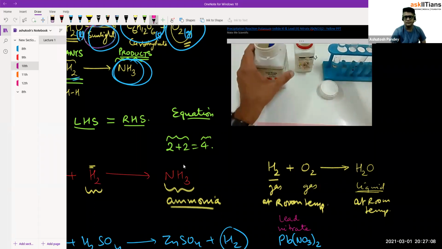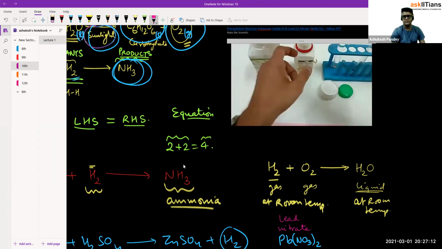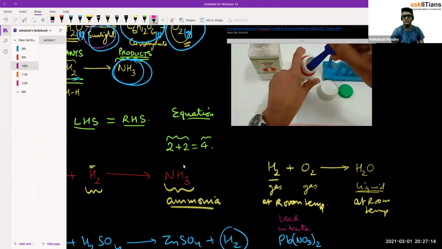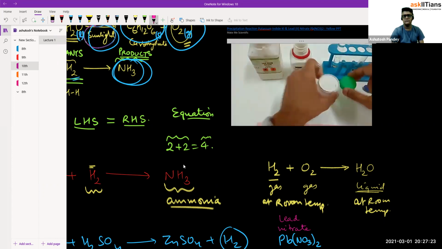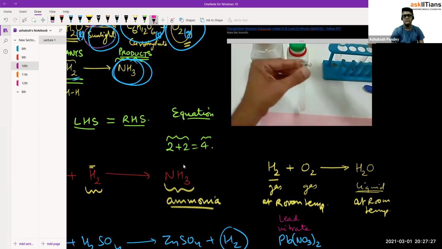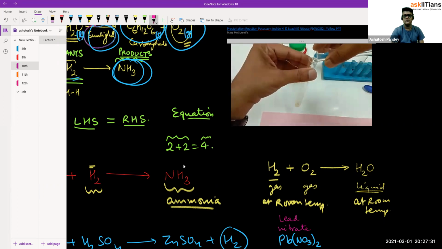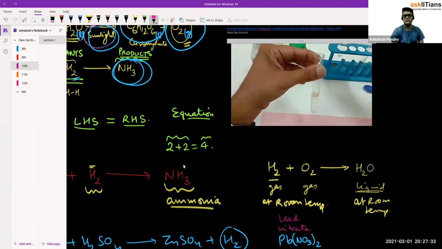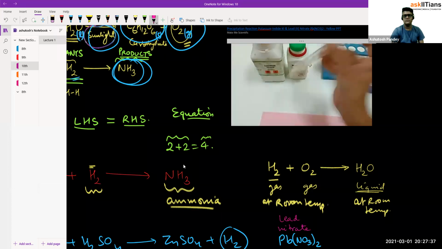Then in another test tube, I'm going to add potassium iodide, that is again a white color salt. Now in this potassium iodide, I'm going to add water so that this becomes the aqueous solution of potassium iodide.